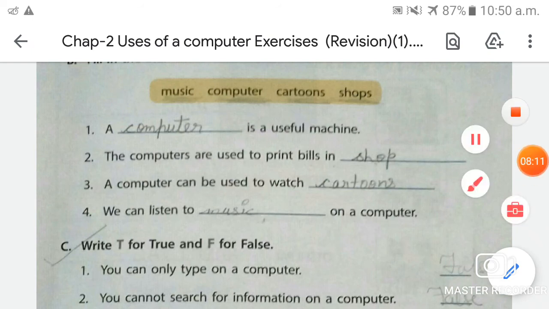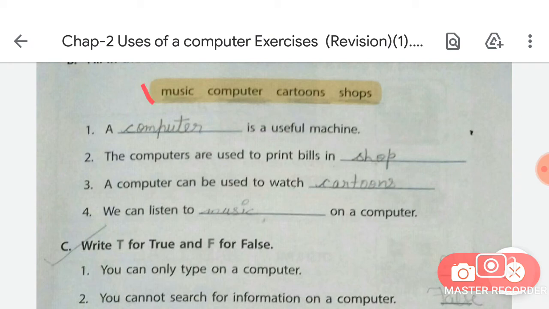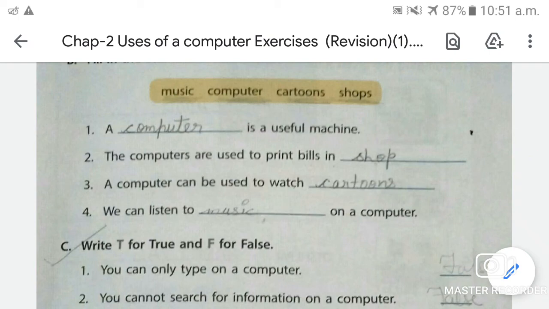What can we watch on a computer, students? Can we watch music? No. We can watch cartoon on a computer, so cartoon is the correct answer.